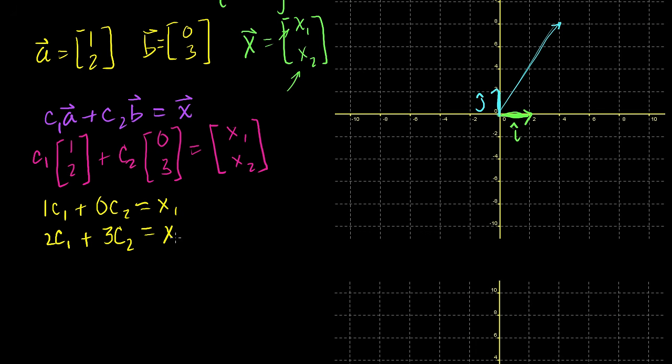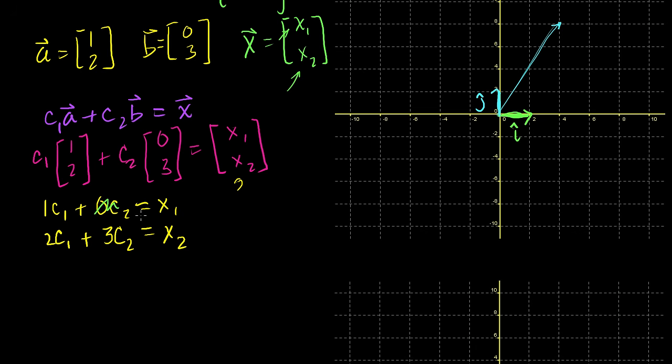be equal to x2. Now, if I can show you that I can always find c1s and c2s given any x1s and x2s, then I've proven that I can get to any point in R2 using just these two vectors. So let me see if I can do that. This is just a system of two unknowns. This is just 0.